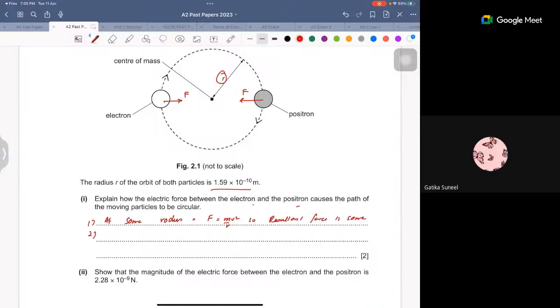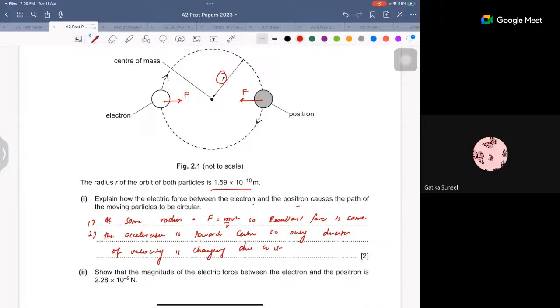Second point, I'm going to write the acceleration is towards the center. So only the direction of velocity is changing due to it.